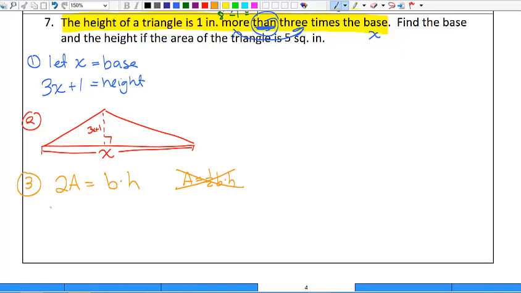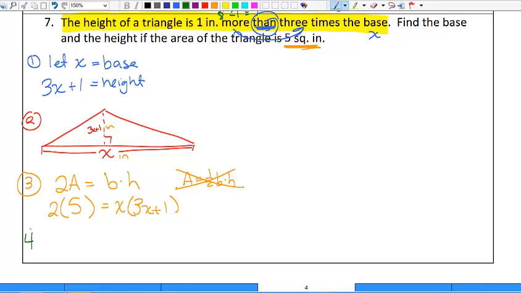So when I plug this in, I have 2 times A, but who is my area in this particular problem? Well, it says the area is 5 square inches, so these are all going to be in inches. So my area for now is 5 equals my base. The base is x, and the height is 3x plus 1.